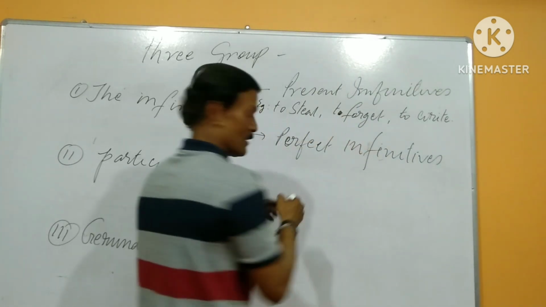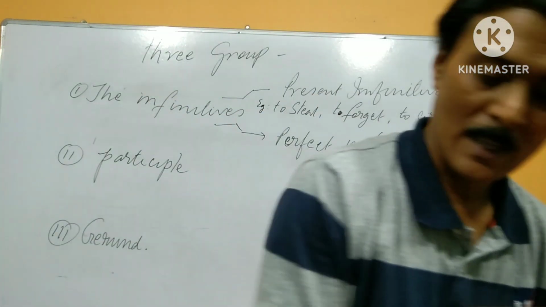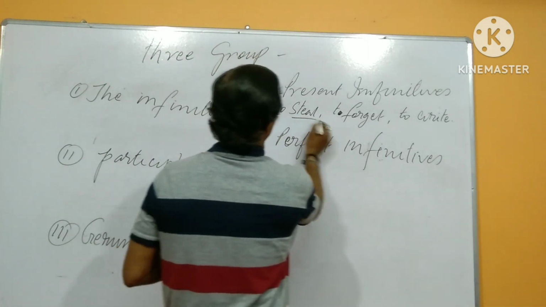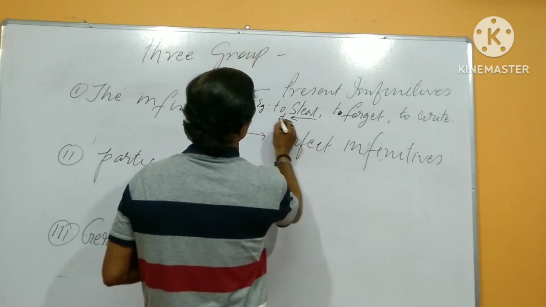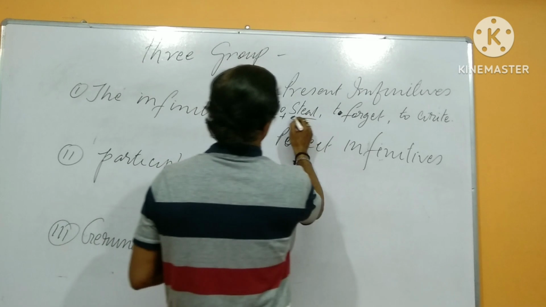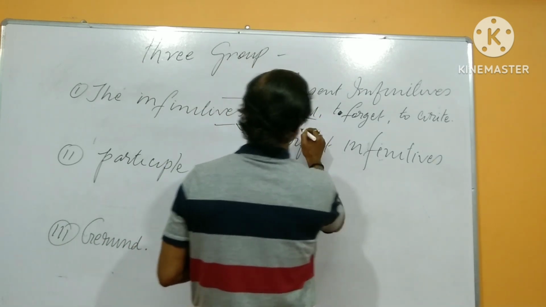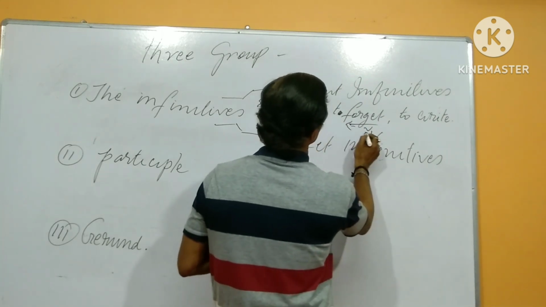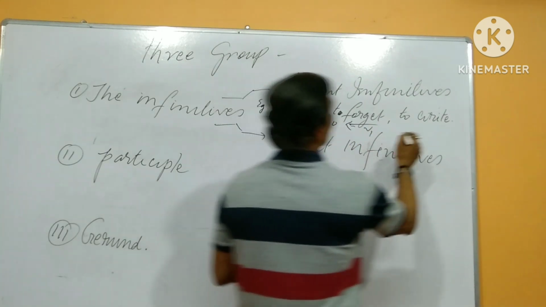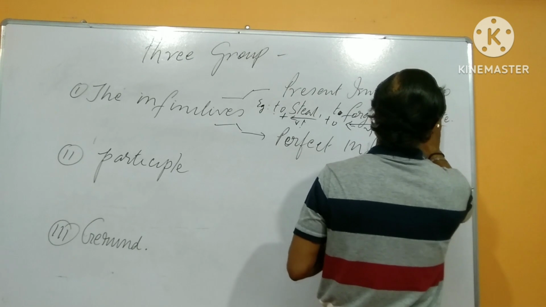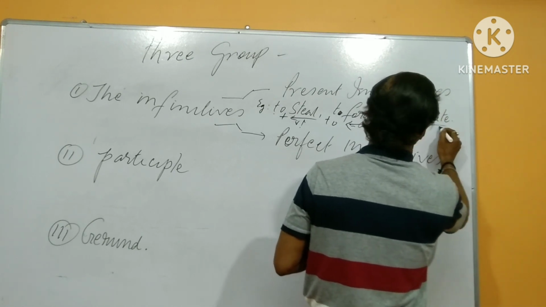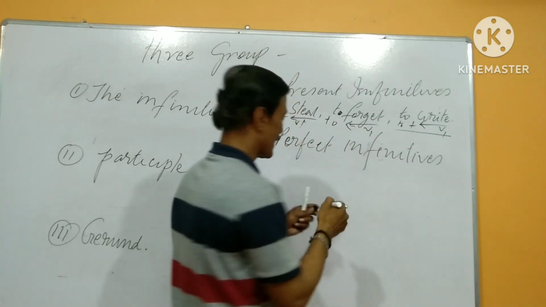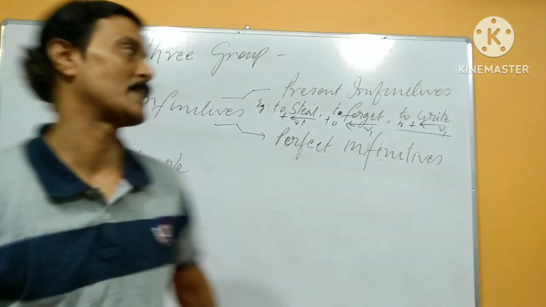There is a note here about the verb: before the verb, use to here, and the verb form is the present form, V1. Before the verb V1, use to and write here. So to plus V1 is all the infinitive, meaning the present infinitive.